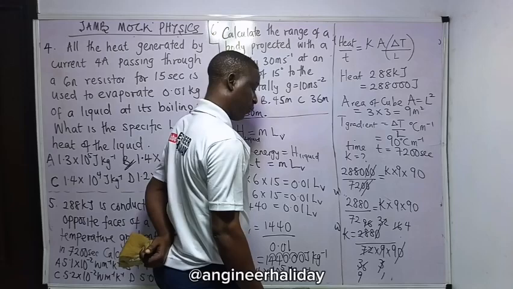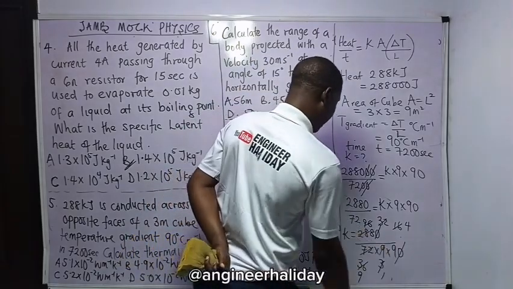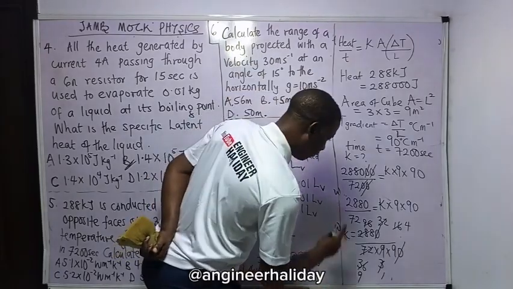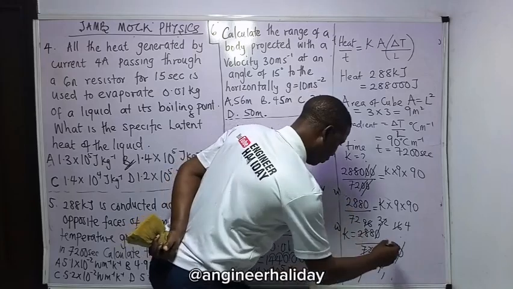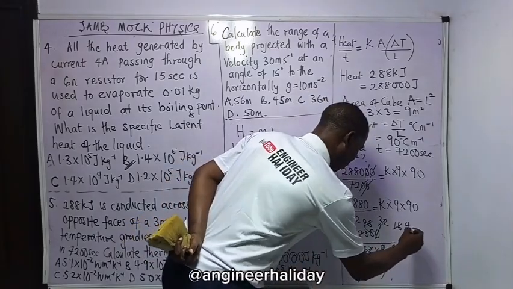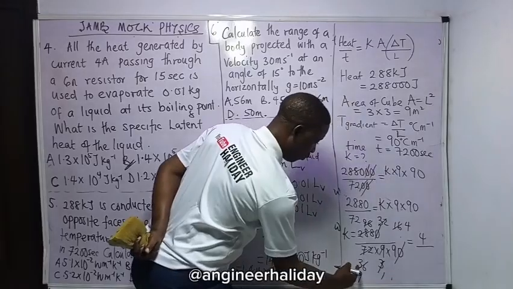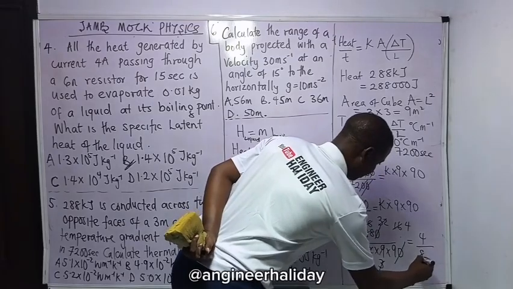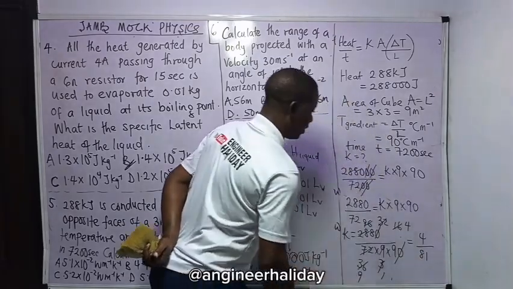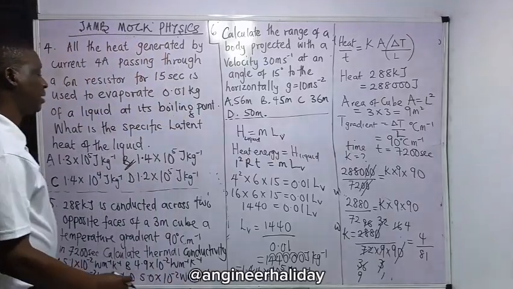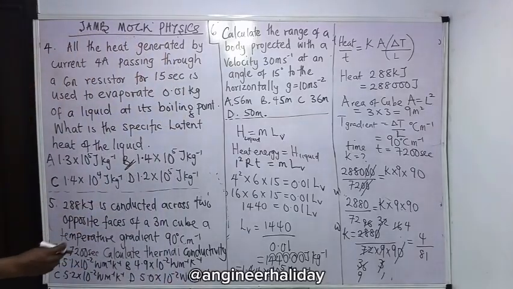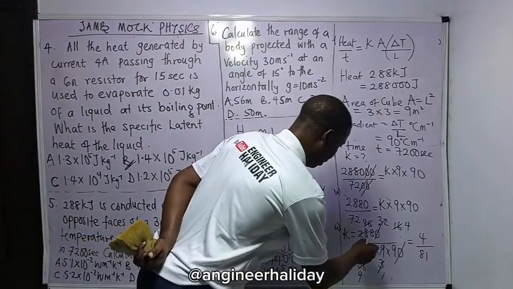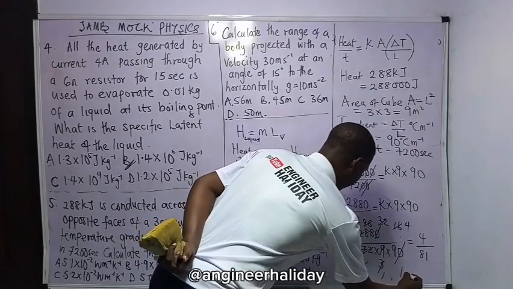So 4 over 9. We have another 9 here. Then don't forget that there is an what? We can divide this one and see what? 4 over what is remaining here is what? 81. So if you press our calculator very well and do our division, we are supposed to have 1.